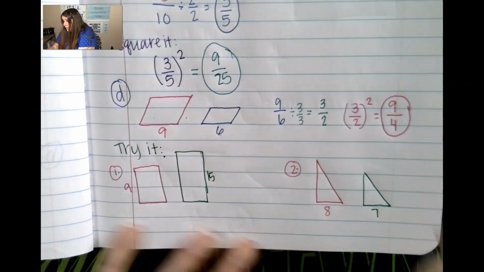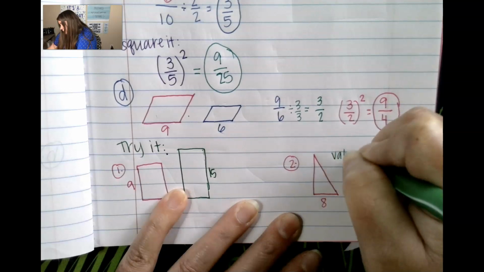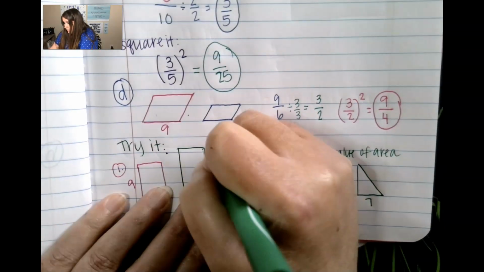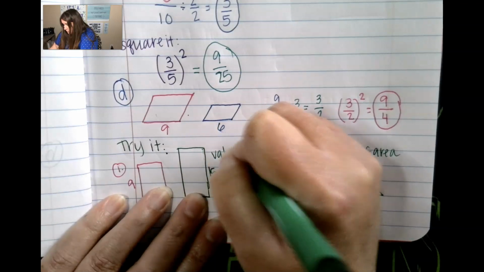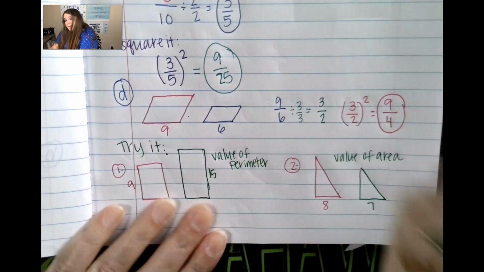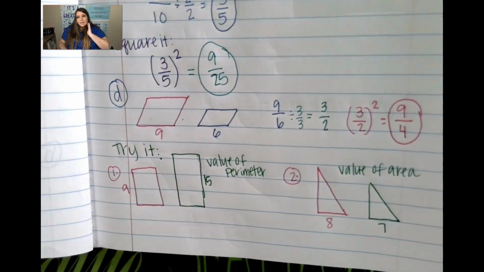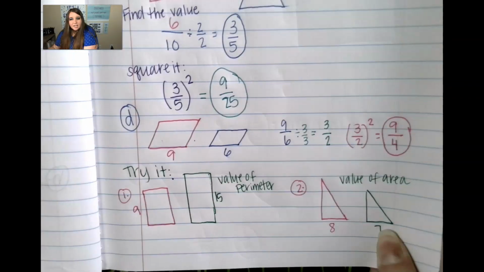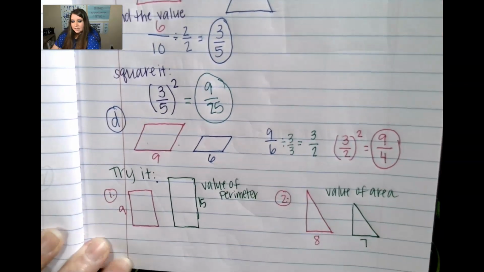You're going to find the value of the area. All right, go ahead and hit pause right now so you don't hear me solving these. When you are ready, come back and hit play and check your level of understanding.